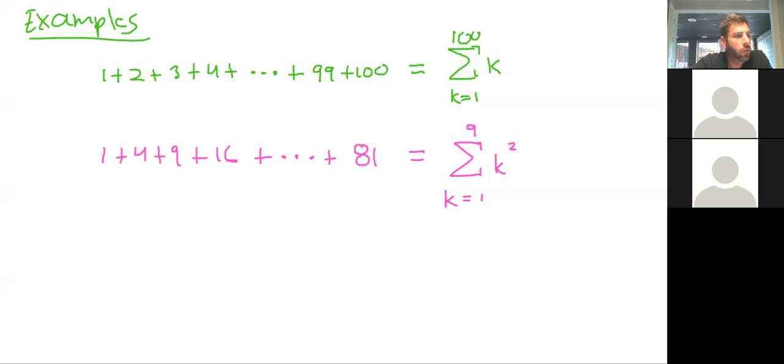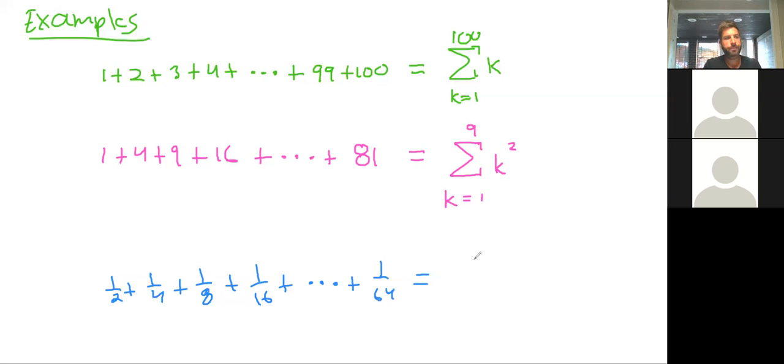Okay, now, so let's do one more that perhaps is clear. How about we have 1/2 plus 1/4 plus 1/8 plus 1/16, let's say all the way up to plus 1/64.